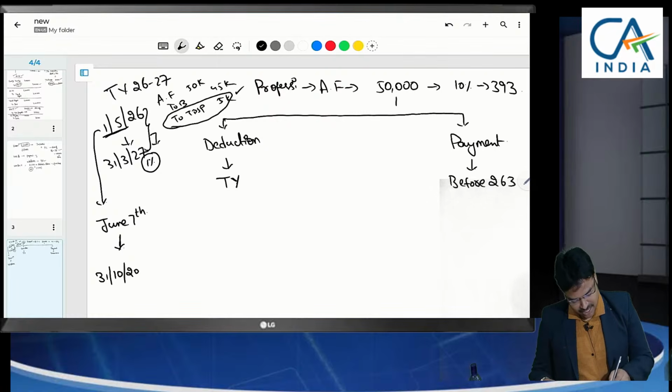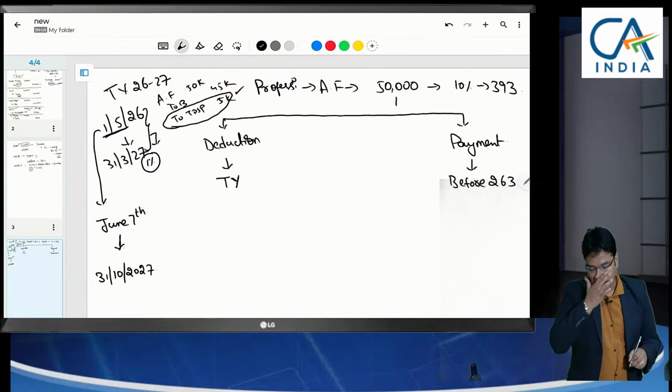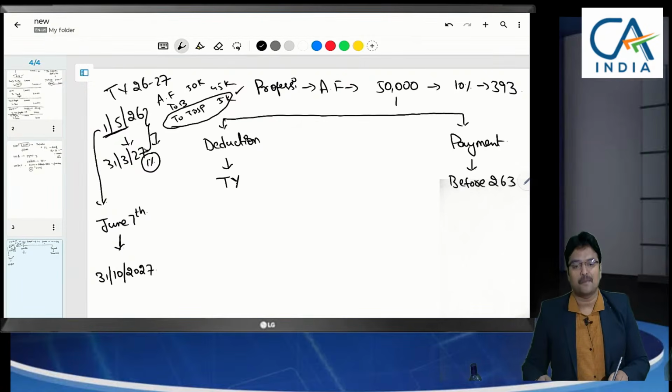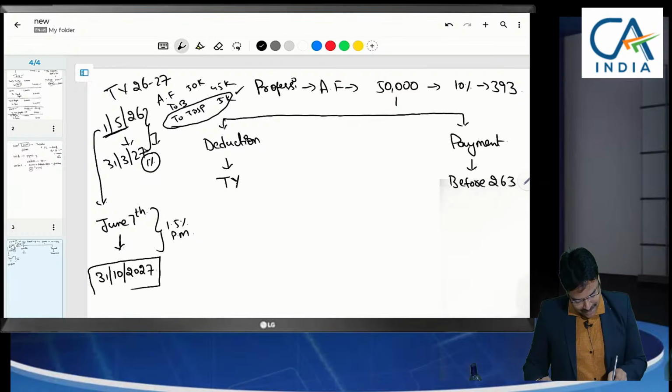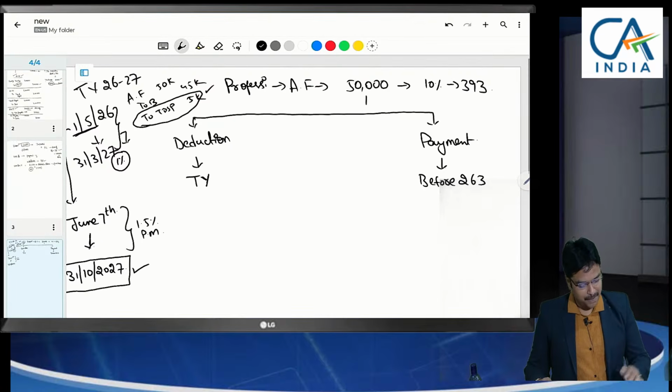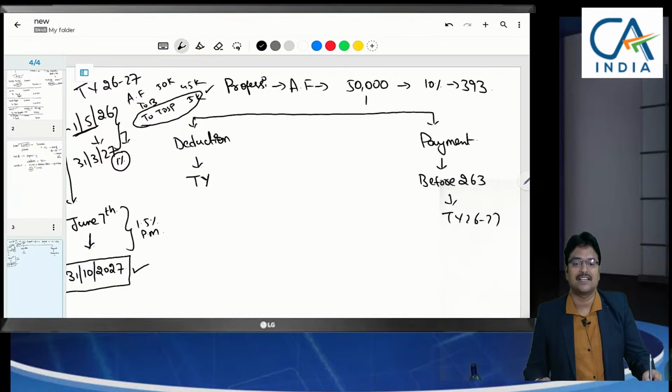For this tax year, you have time up to 31st October 2027. By this date, if you make the payment, for this delay you will have 1.5% per month interest or part thereof. Before this date, if you make the payment, you can claim deduction in tax year 26-27 itself.